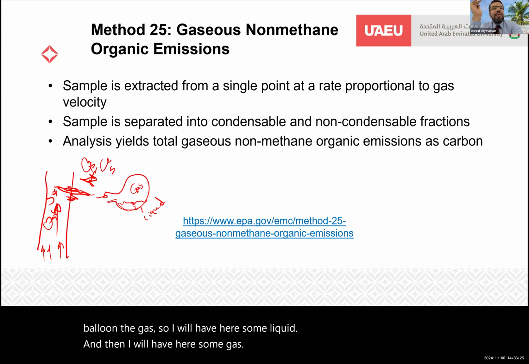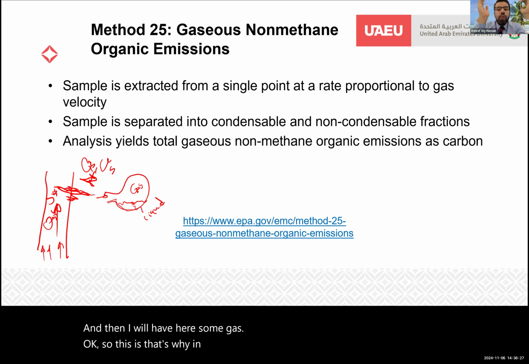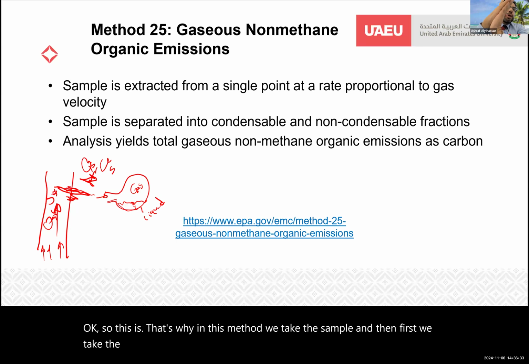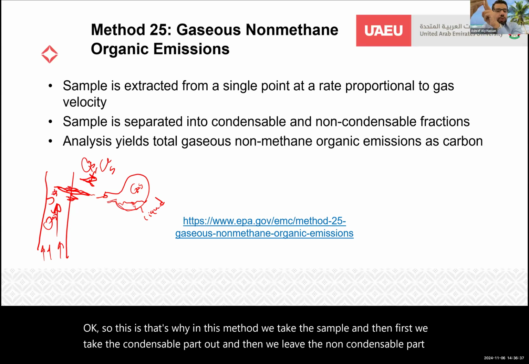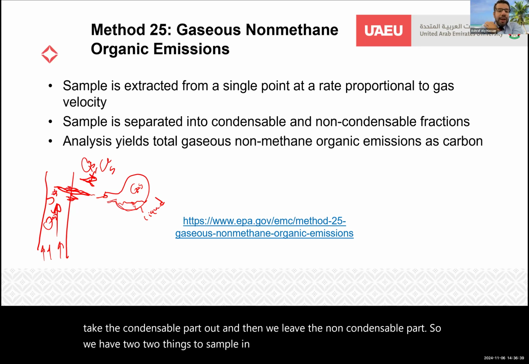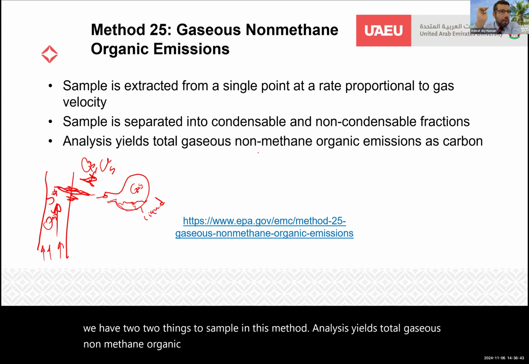So that's why in this method, we take the sample, and first we take the condensable part out, and then we leave the non-condensable part. So we have two things to sample in this method. Analysis yields total gaseous non-methane organic emissions as carbon.